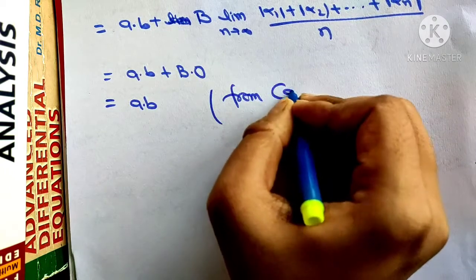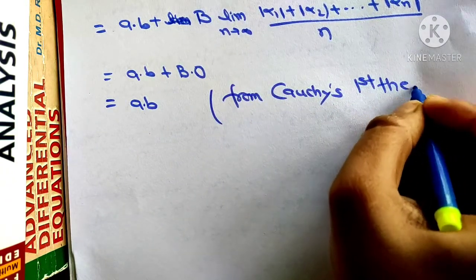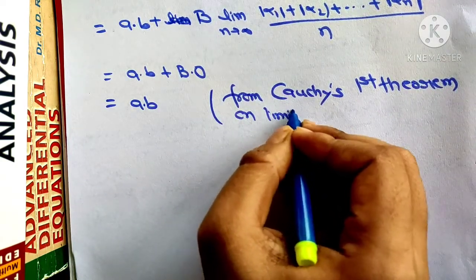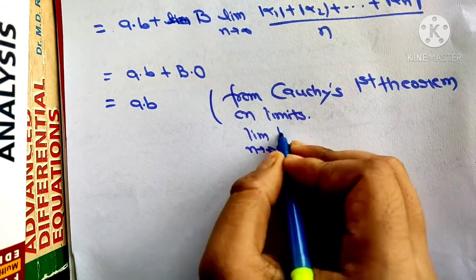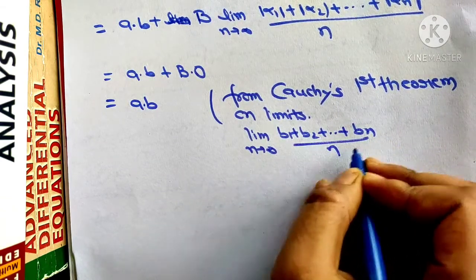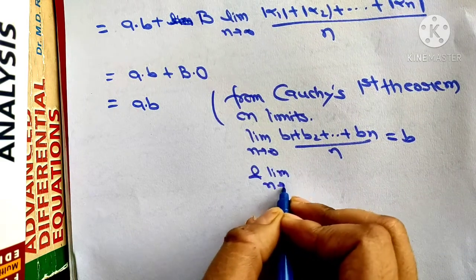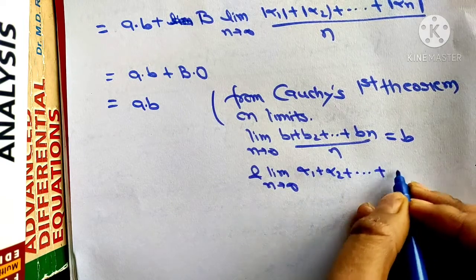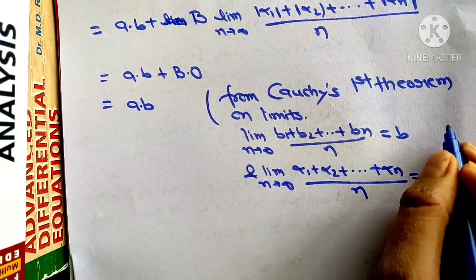From Cauchy's first theorem on limits, limit n tends to infinity (b1 + b2 + ... + bn) upon n is equal to b, and limit n tends to infinity (alpha 1 + alpha 2 + ... + alpha n) upon n is equal to 0.